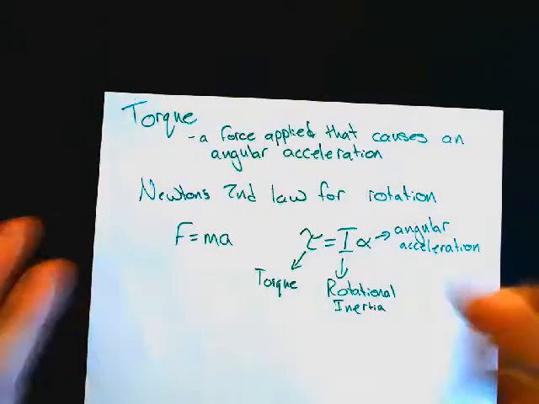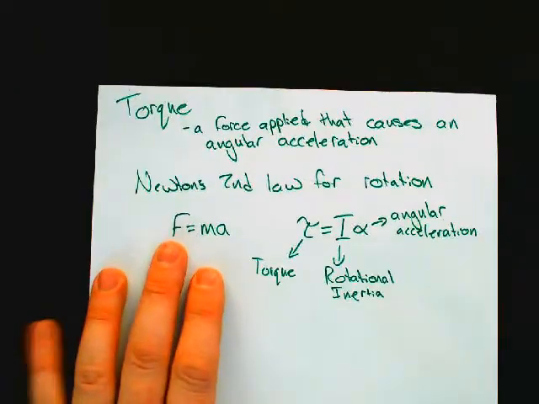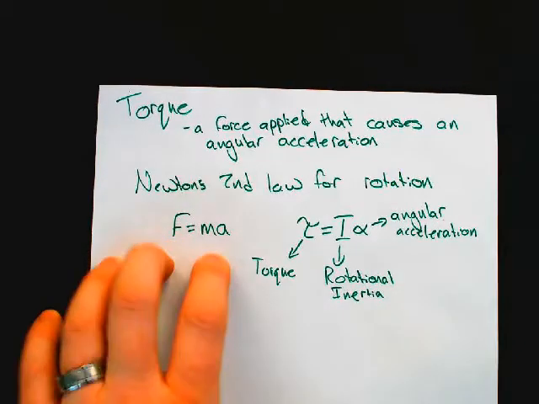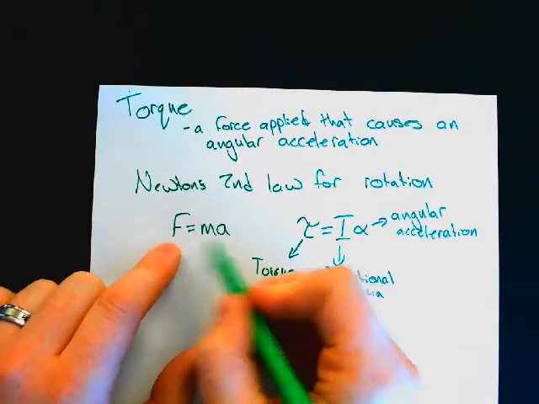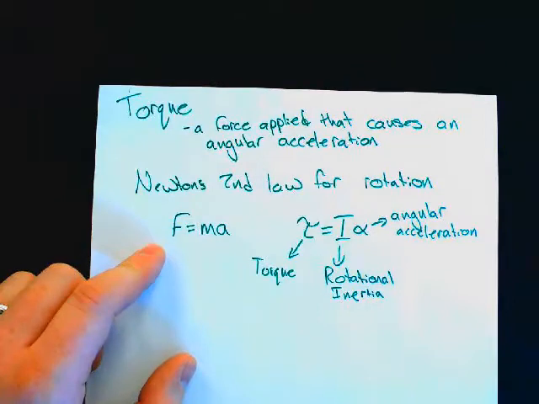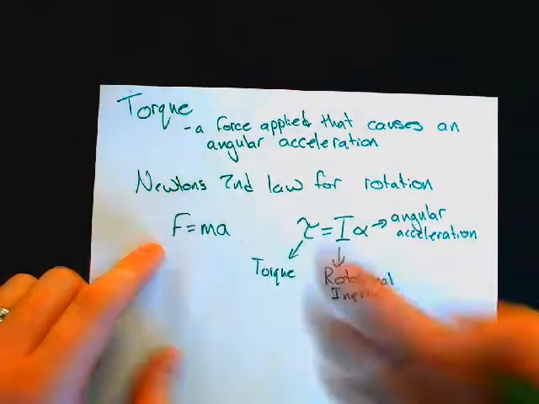All right. Now, when we applied Newton's second law, what kind of forces could we identify as ma? What kind of forces could we set equal to ma? Say again? Net forces. So we could use F equals ma only for net forces, correct? Well, the same applies for tau. We can only apply torque equals I alpha for net torques.